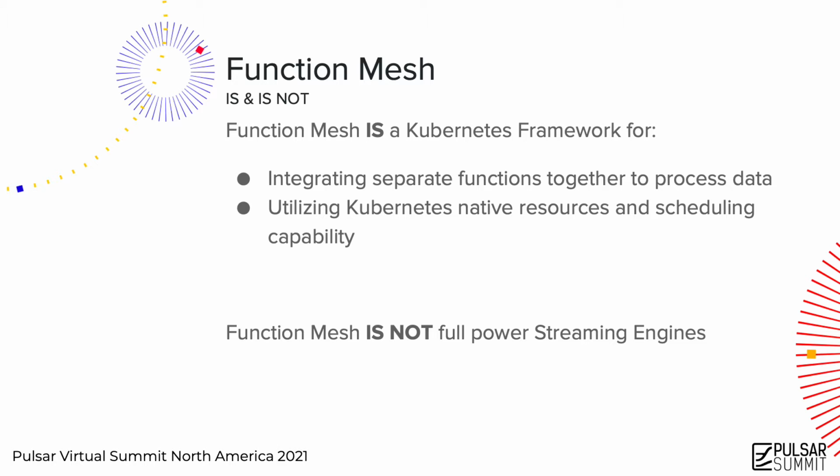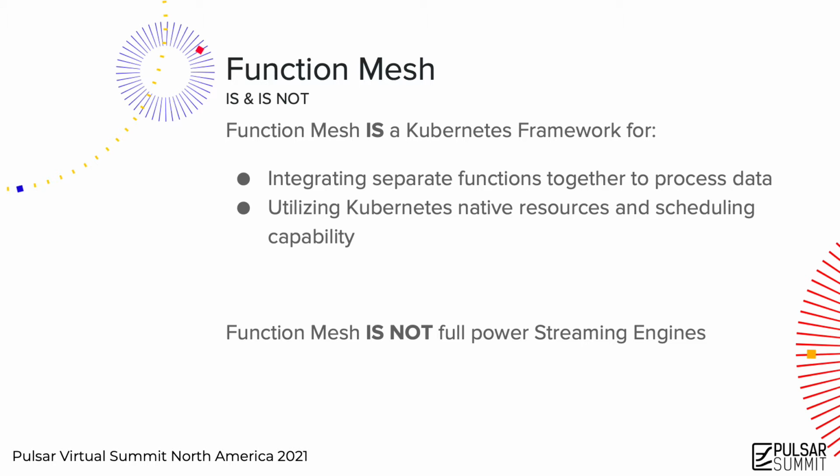So we combined Kubernetes and Pulsar functions together to make a serverless framework that's natively on Kubernetes, running Pulsar functions and connectors, and we call it a function mesh. The main purpose of function mesh is, firstly, integrating separate functions and connectors together to process data and accomplish a final processing goal with clearly defined stages.